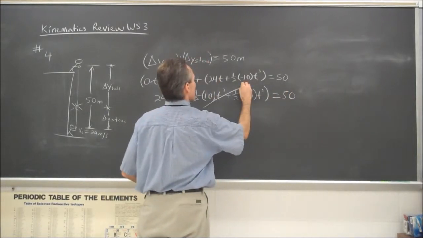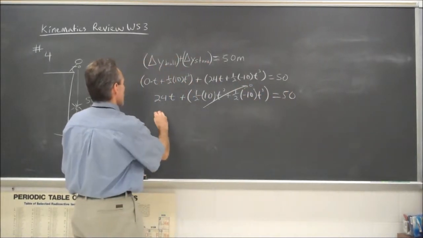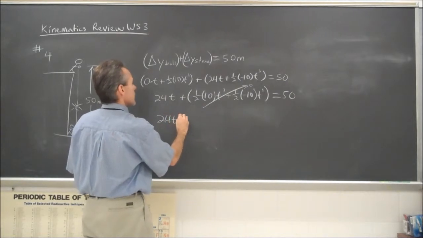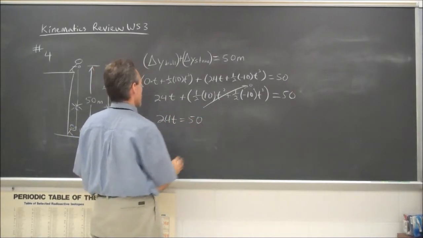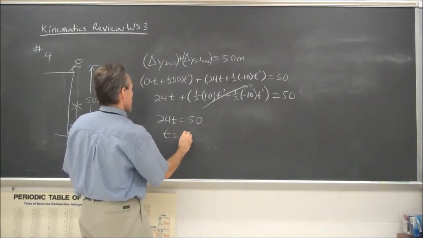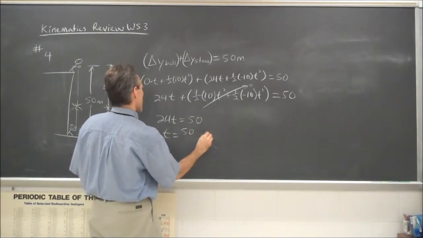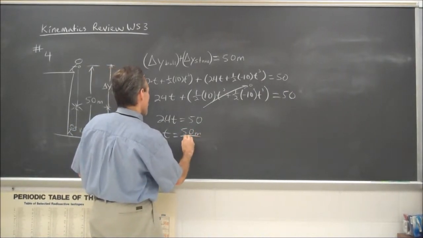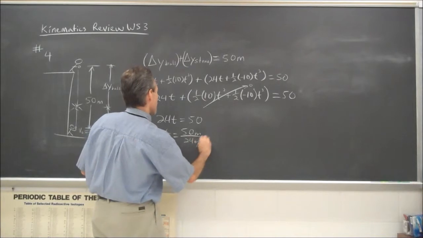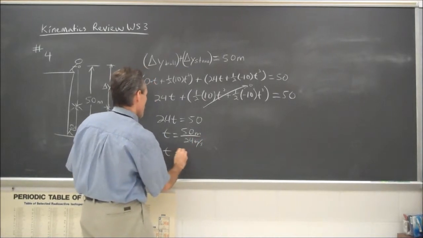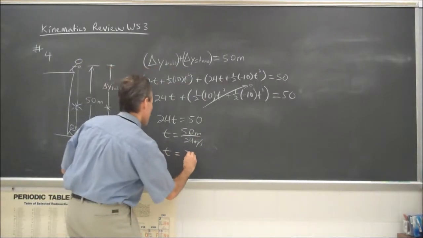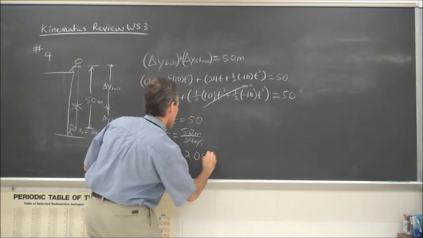So that's going to be plus 0, really, right? That term's going to drop out. It's 0. So I have 24t is equal to 50. That means my time is equal to 50 meters over 24 meters per second. And so my time is 2.08 seconds.